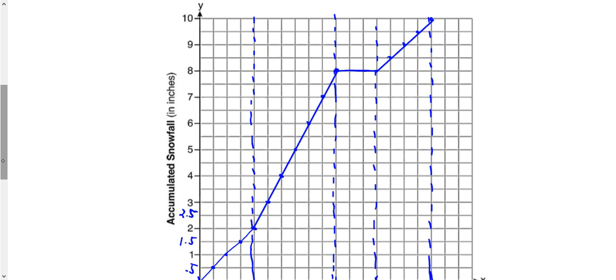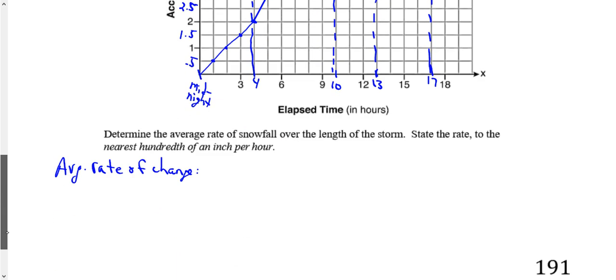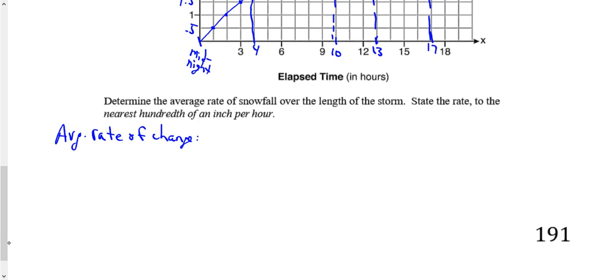Okay. So what was the total number of inches from start to finish? Look at your graph. Everyone look at the graph. What was the total number of inches from hour 0 to hour 17?